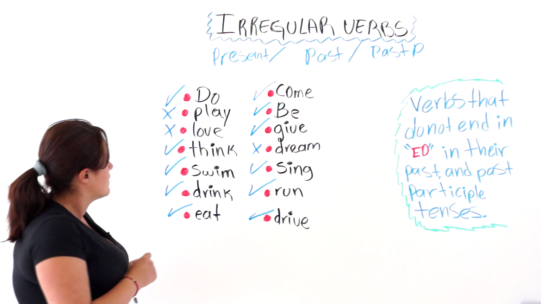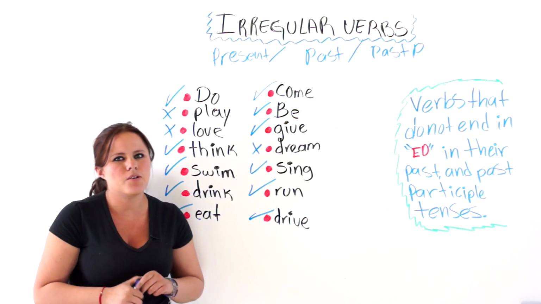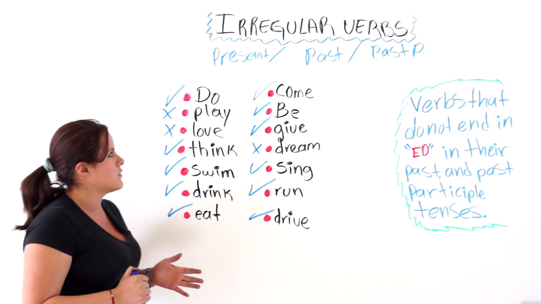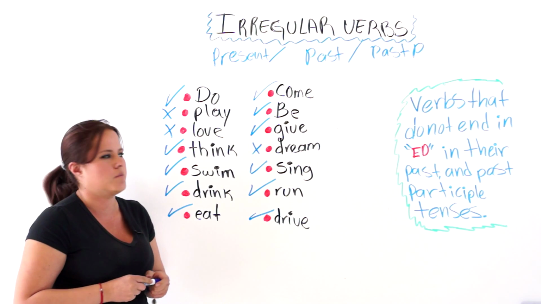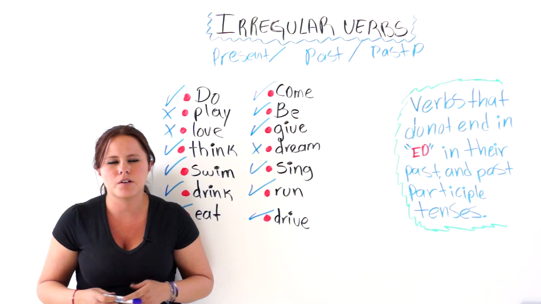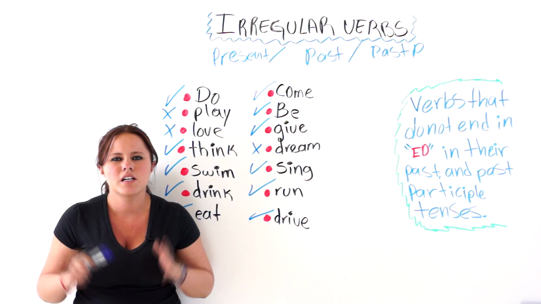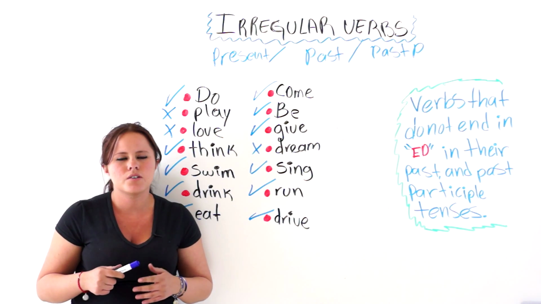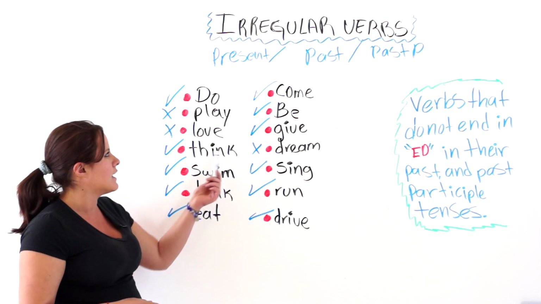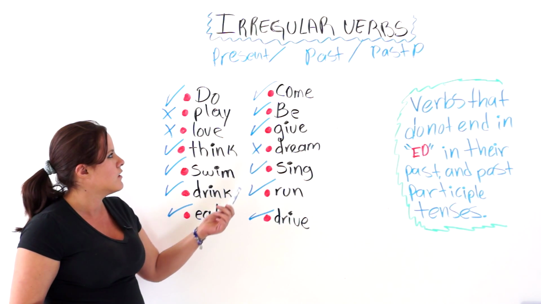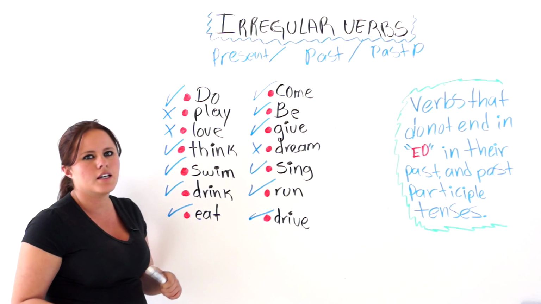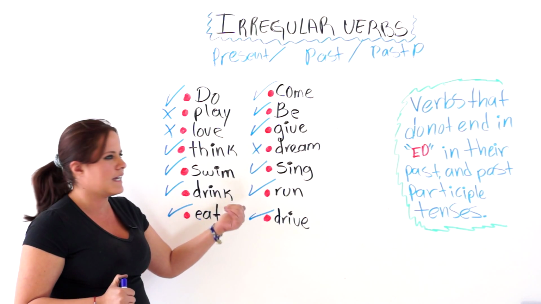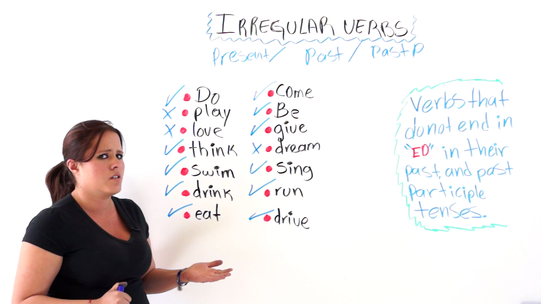All right? So this is how you differentiate a regular verb from an irregular verb. Remember that it is very important for you to learn the irregular verbs by heart because there is no certain rule to tell you, for example, add en with eat, eaten, to make the past participle, or drinking, no, it is drunk, right?